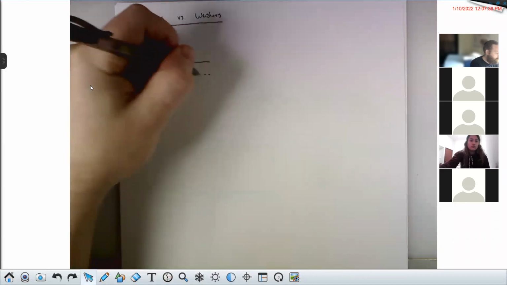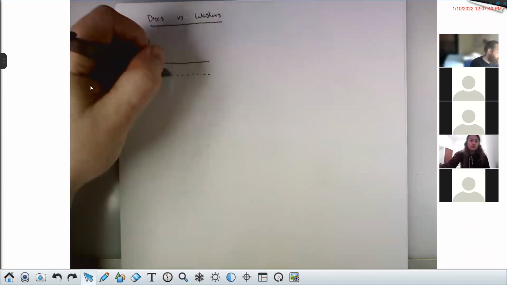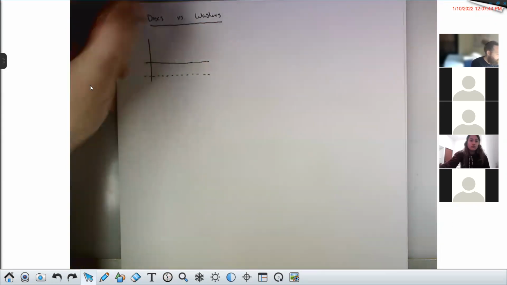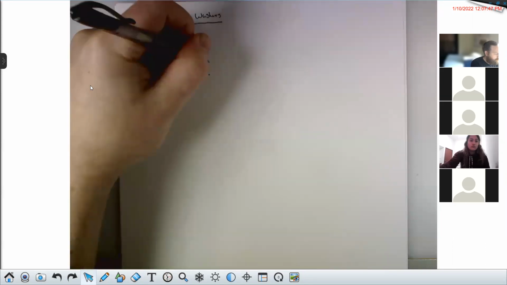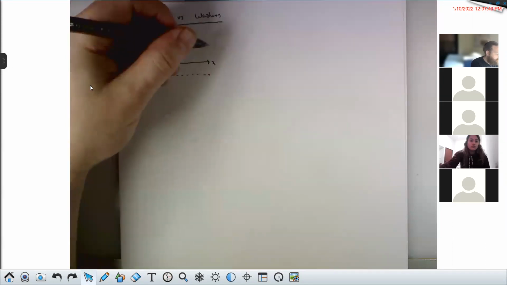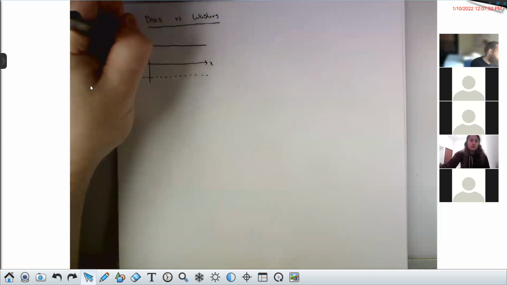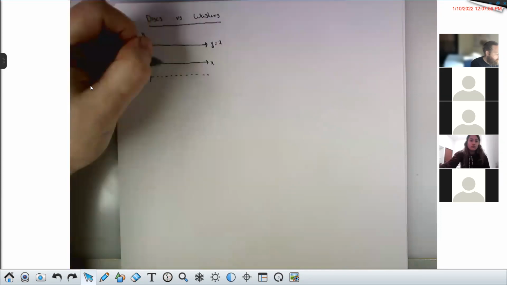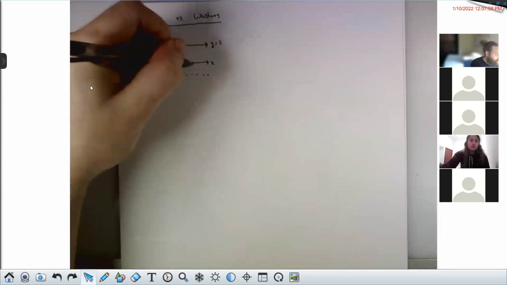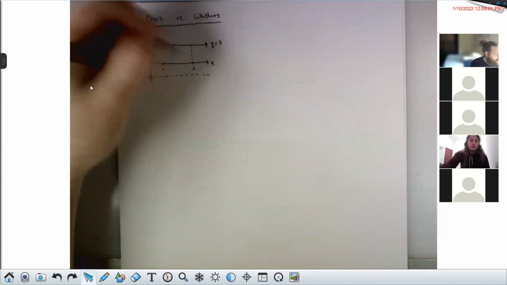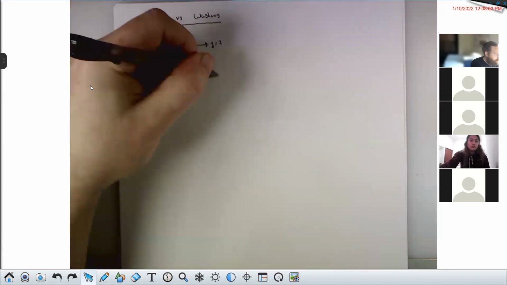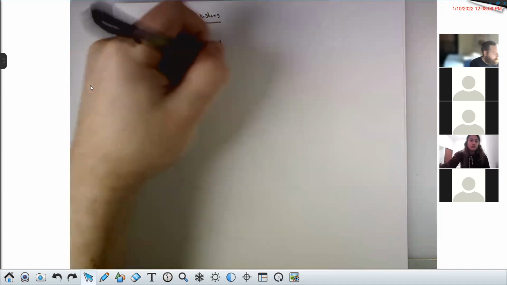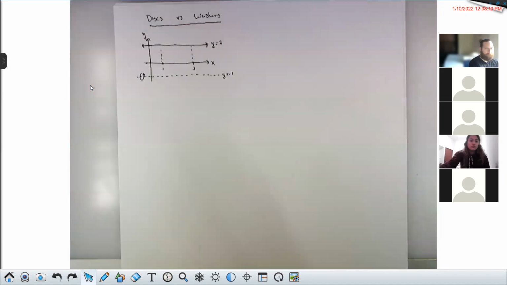I'm going to move the axis of rotation. So here's y, here's x. Here's that line y equals 2 that we had before. And we'll look from 1 to 3 again. Only this time, for my axis of rotation, I'm going to use the line y equals -1.